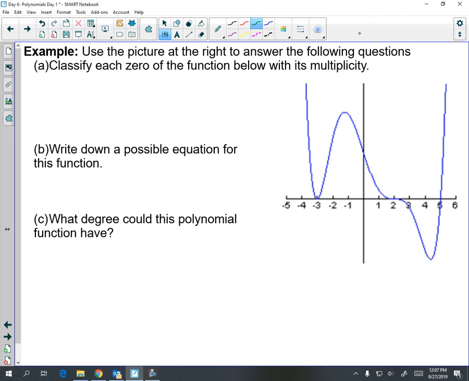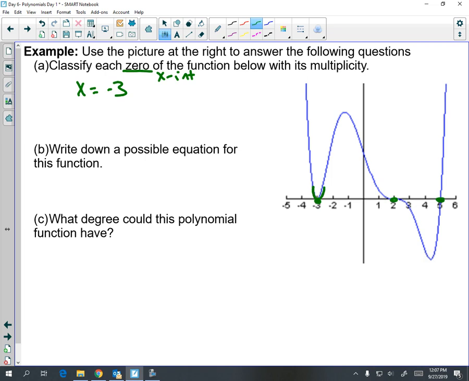So the question is asking you to classify each zero. Remember that another word for zero is x-intercept, or roots, or solutions. And I see 1, 2, 3 x-intercepts. So my first x-intercept is at x equals -3.